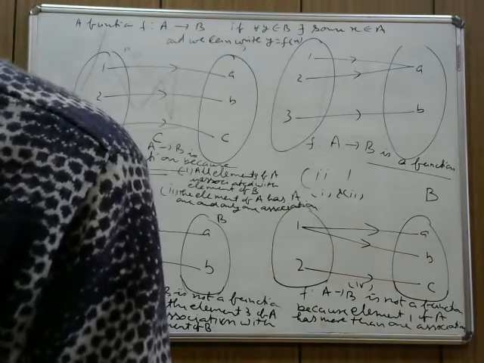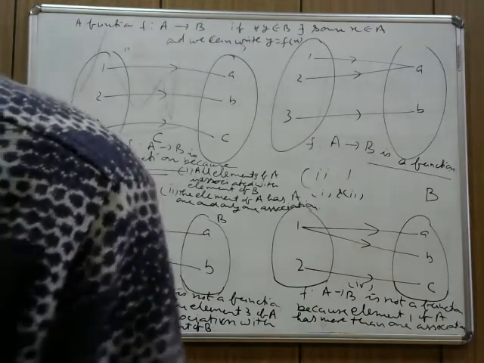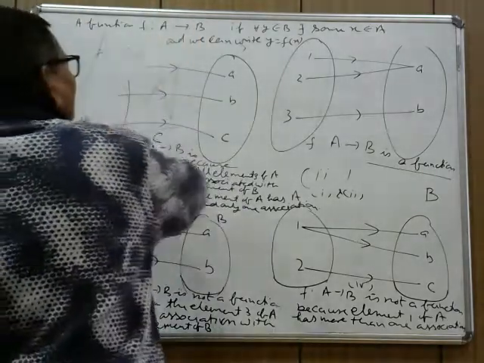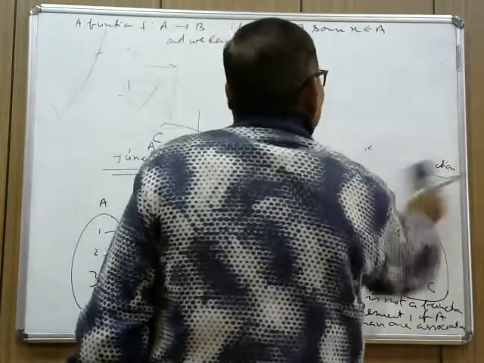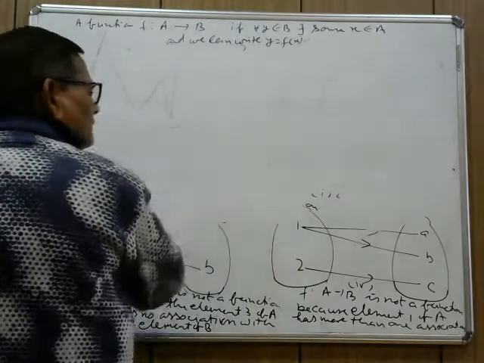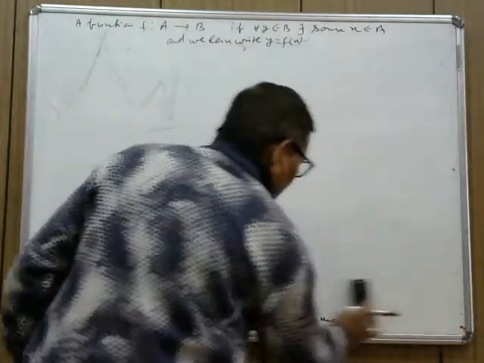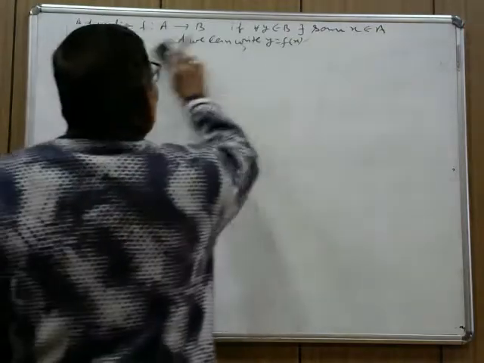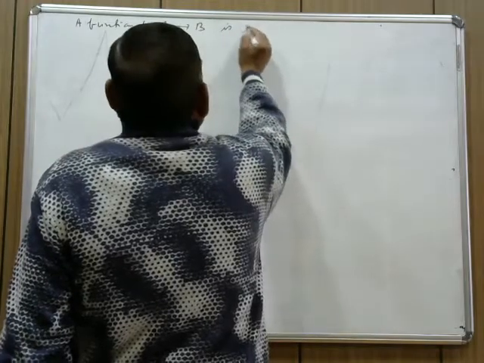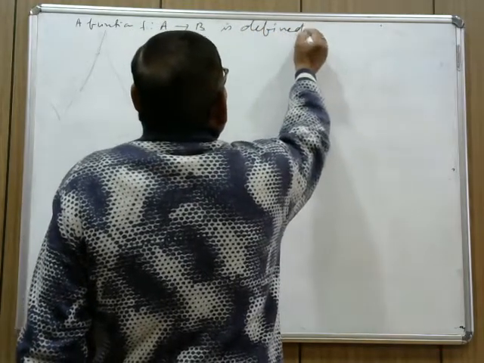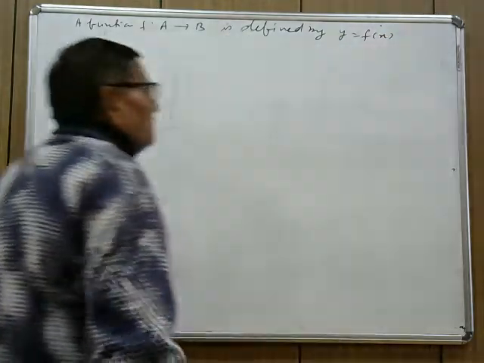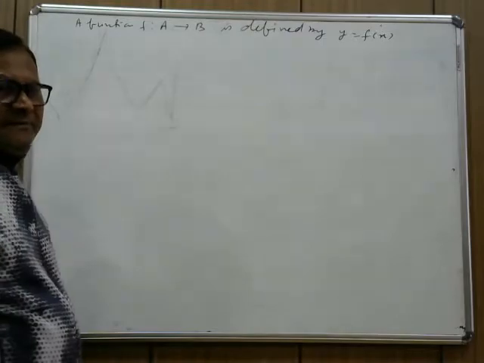Now how can you define it? I have already defined domain, codomain and range. And one thing is the pre-image. If a function f from A to B is defined by y equals f(x), how can you define the image and pre-image?